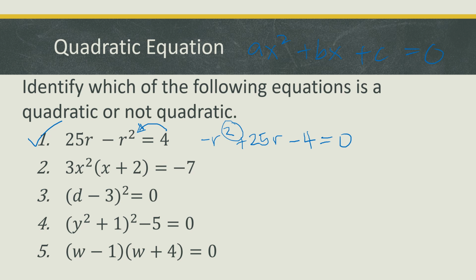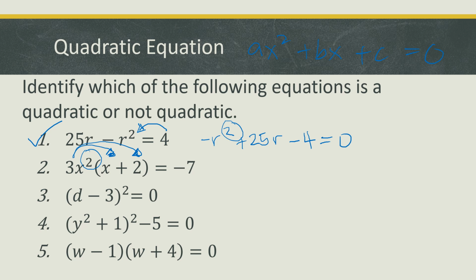On example number 2, we might say that it is a quadratic equation as we can see that the highest exponent is 2. But if we simplify this and change it into the standard form of a quadratic equation, we will realize that it is not a quadratic equation. How? Let us simplify. Multiply first by the distributive property.